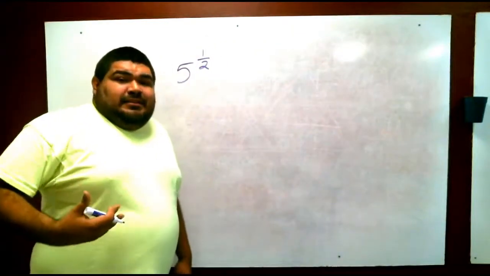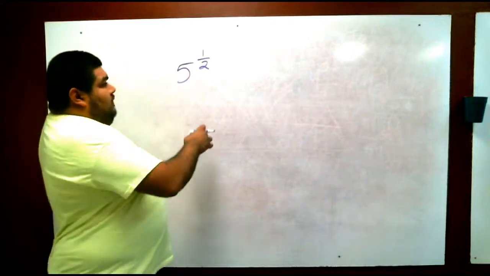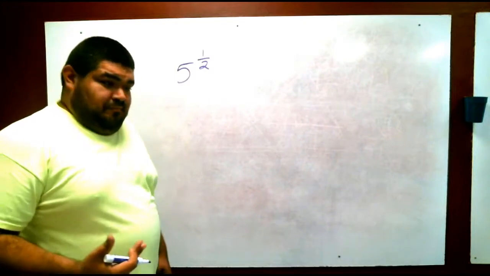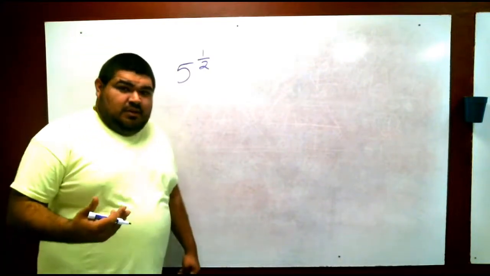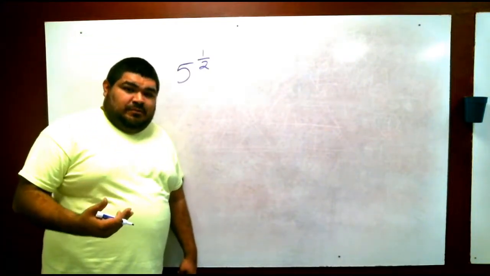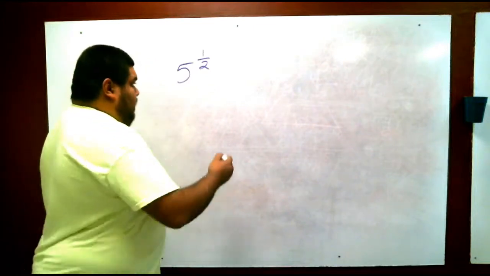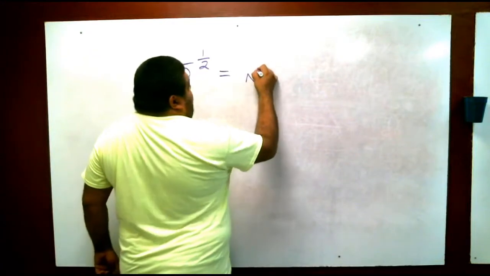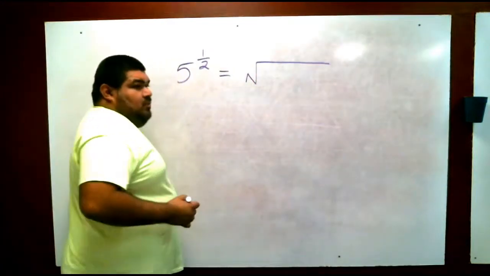Now that we have that, we're going to convert this into a radical form. The way we do it is when you convert something into radical form, it goes the following. You have your radical, okay?